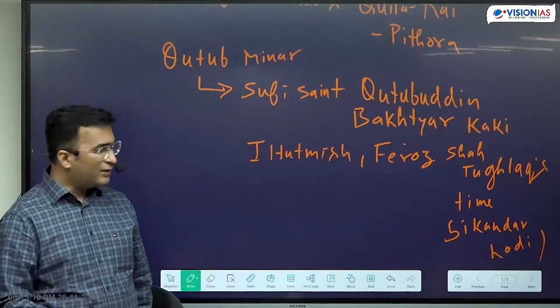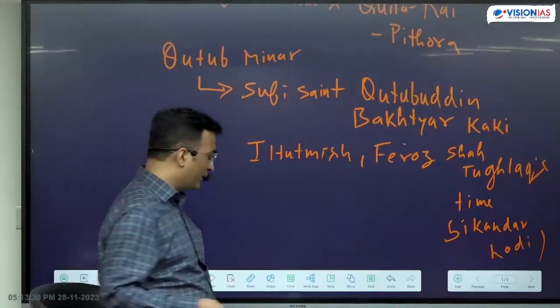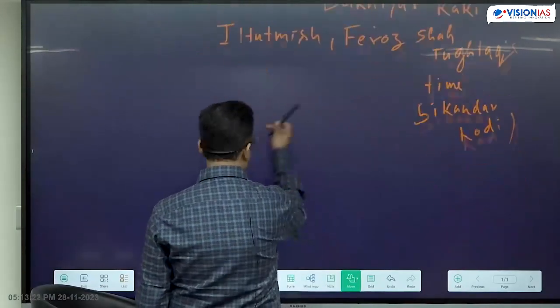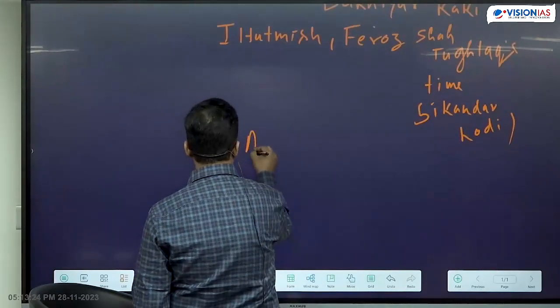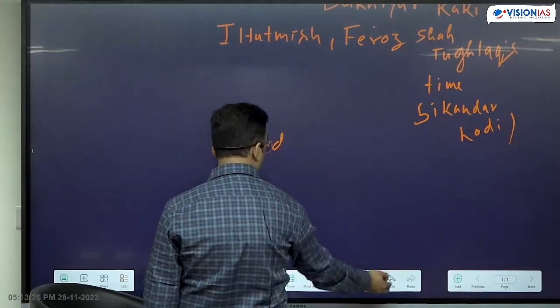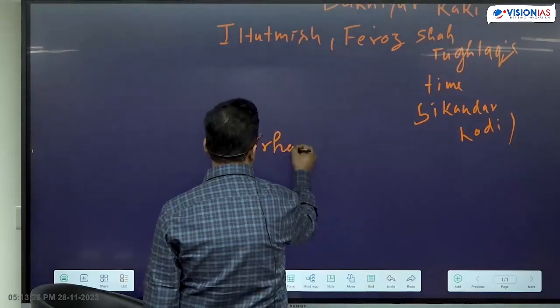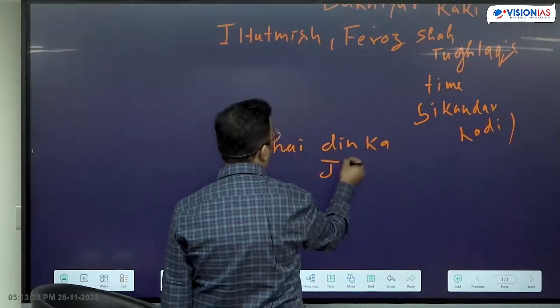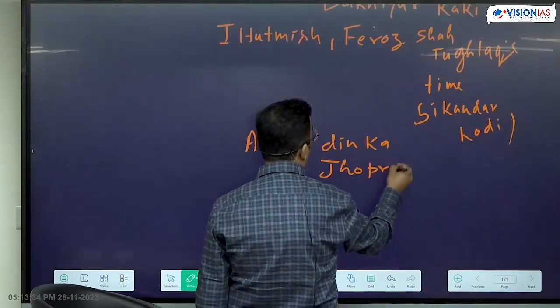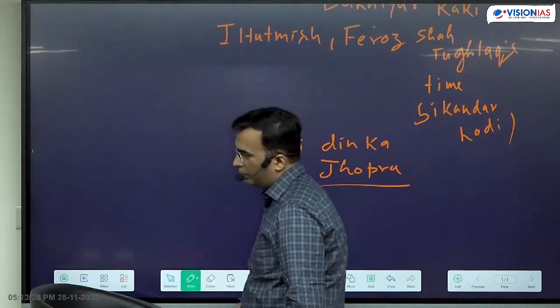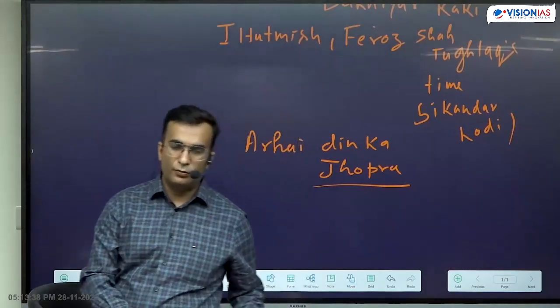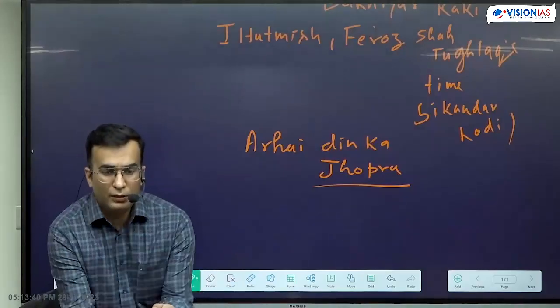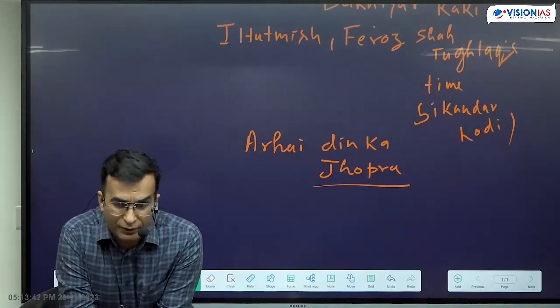Then one last example you write. Mention Adhai Din Ka Jhopda in Ajmer was also a converted religious structure.